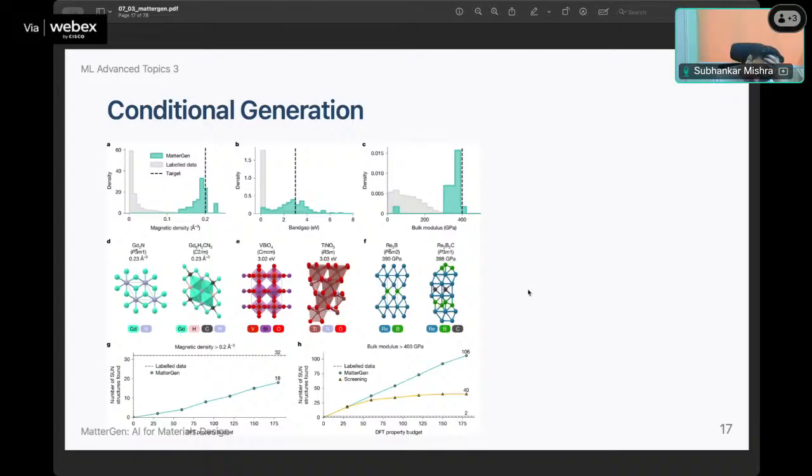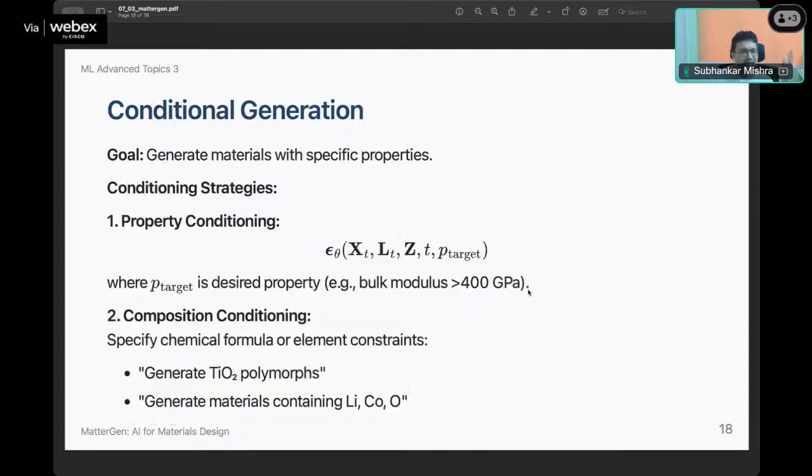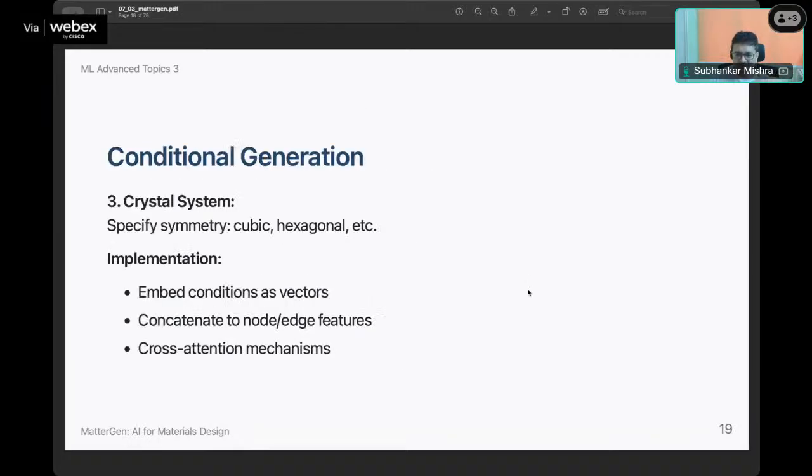So they can give a prompt like, give me a material with bulk modulus greater than 400 GPa, or it can be on a composition like, give me a structure with lithium, cobalt, and oxygen. So either we can do property conditioning or composition conditioning. Another condition we can use is crystal system, so we can specify the symmetry, either cubic or hexagonal.